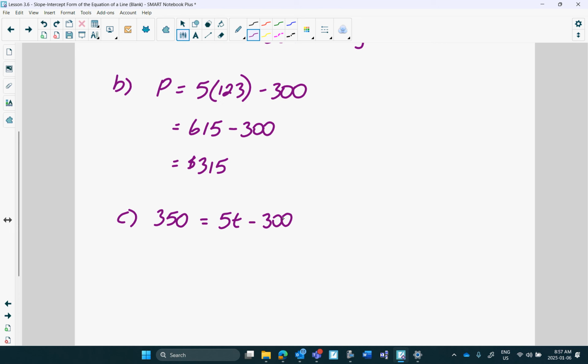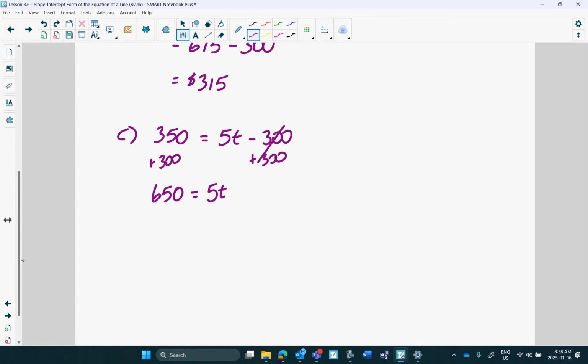We've got to solve this equation. Well, I got 5t on the right already, so I'm going to add 300 to both sides. And we get 650 is equal to 5t. And then I'm going to divide both sides by 5 to get t by itself.